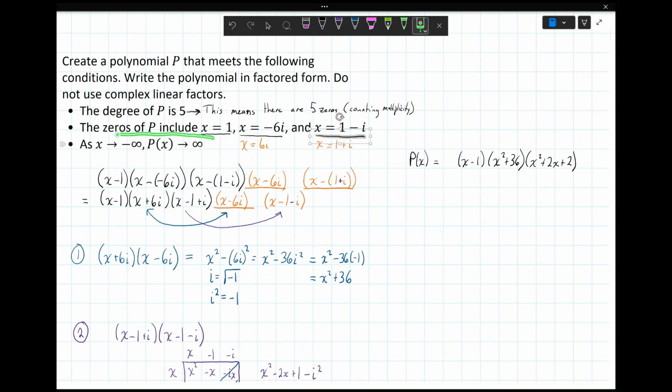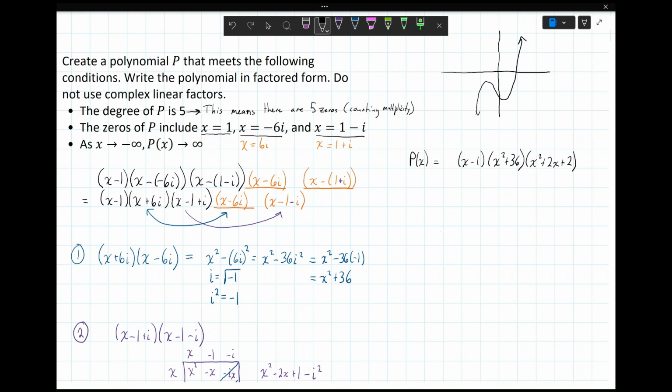But as x goes to negative infinity, P of x goes to infinity. We know that our general 5th degree polynomial is going to look something like this. It may not look exactly like it, but in this case, the way it's written, it looks something like this.